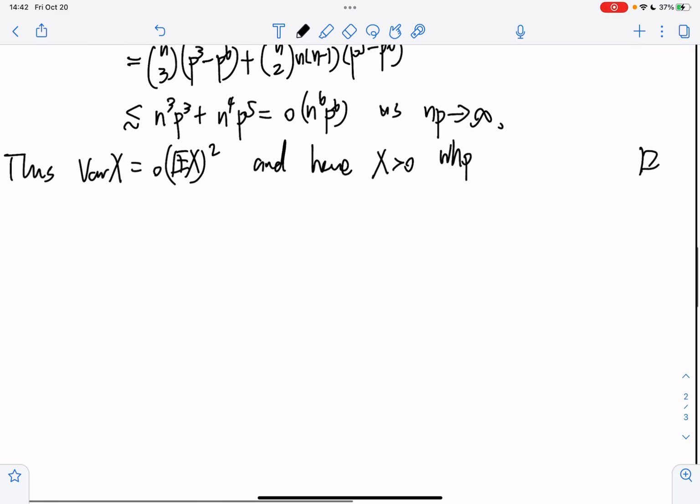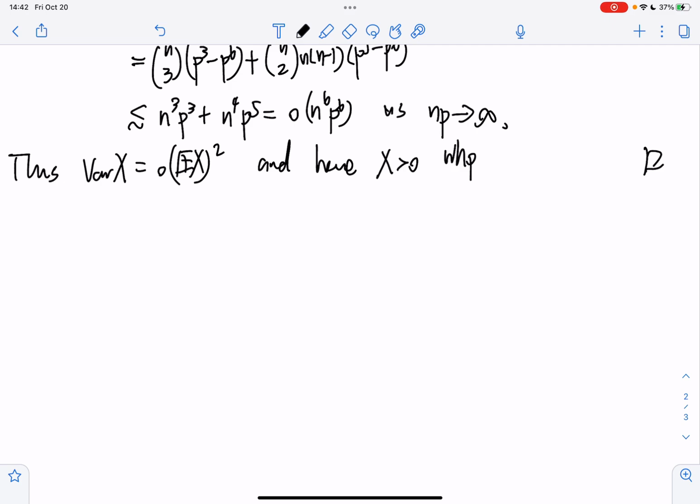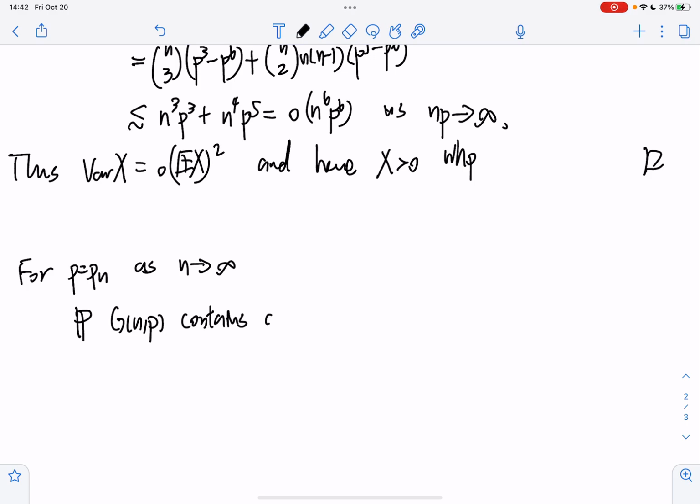Here is what we learned so far. For p equals p_n as n tends to infinity, the probability that G(n,p) contains a triangle tends to 0 if np tends to 0, and tends to 1 if np tends to infinity.